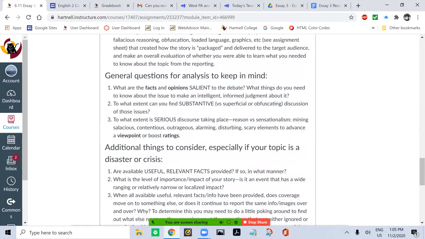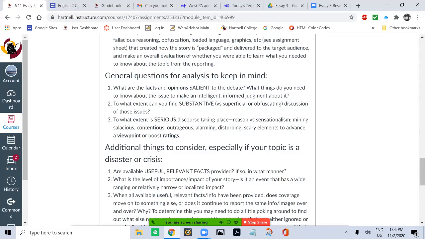And here are some general questions for analysis to keep in mind. What are the facts and opinions salient to the debate, meaning they matter? They're not just being brought in to obfuscate or distract from what the real issues are. To what extent can you find substantive versus superficial or obfuscating discussion of those issues?